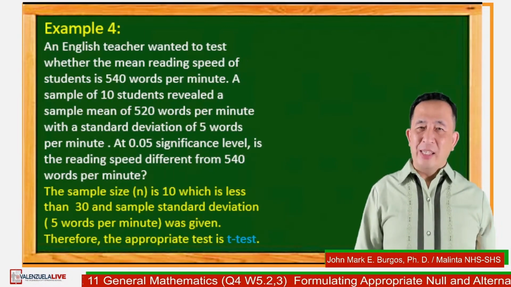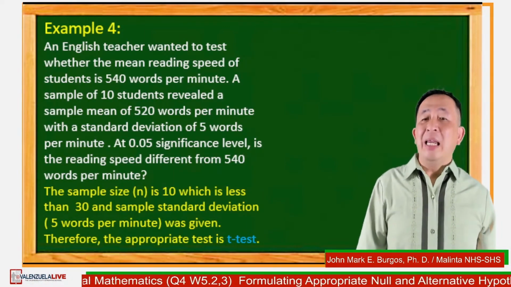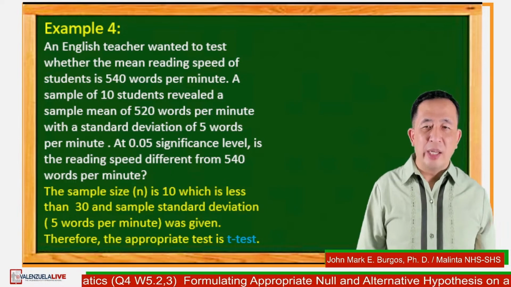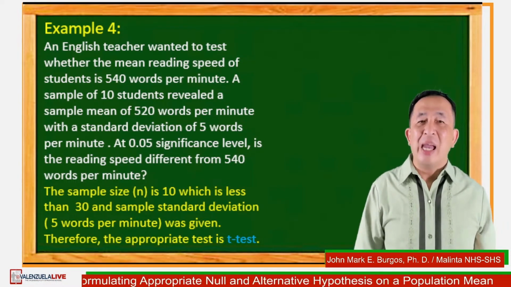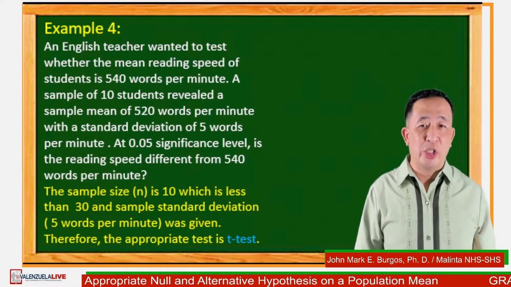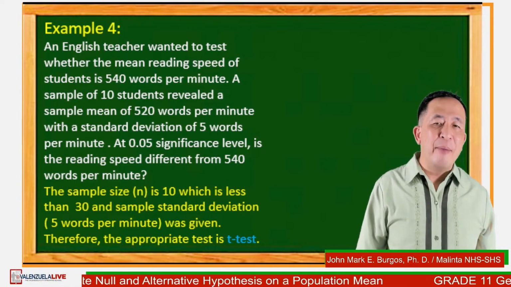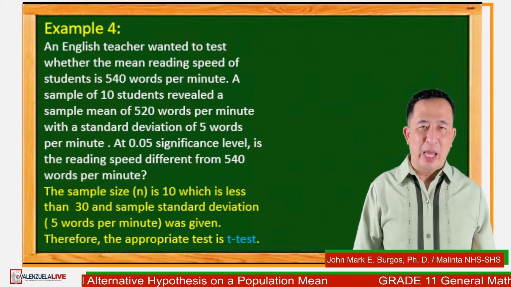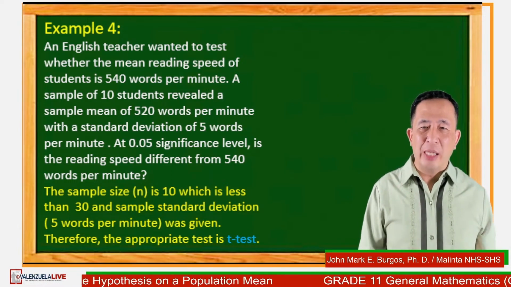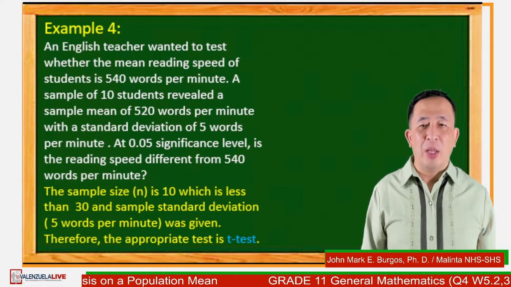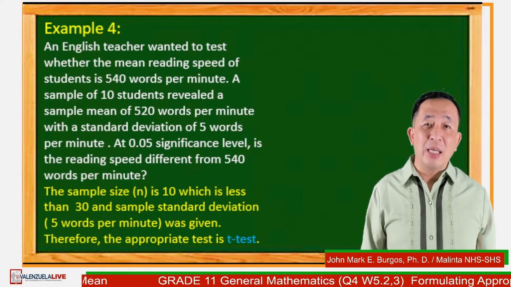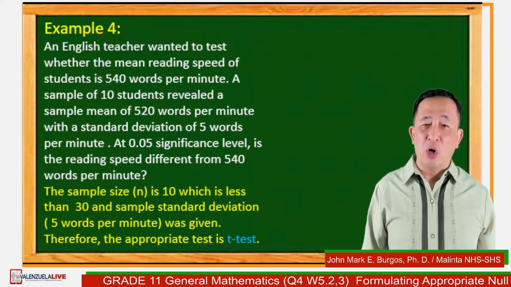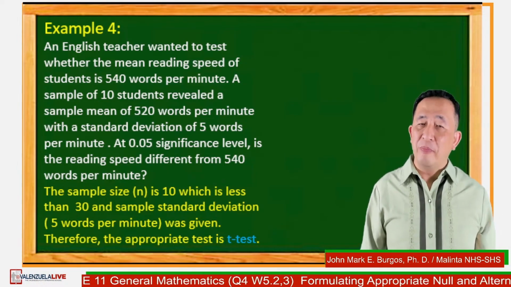In our fourth example, an English teacher wanted to test whether the mean reading speed of students is 540 words per minute. A sample of 10 students, remember that, 10 students, revealed a sample mean of 520 words per minute with a standard deviation of 5 words per minute.